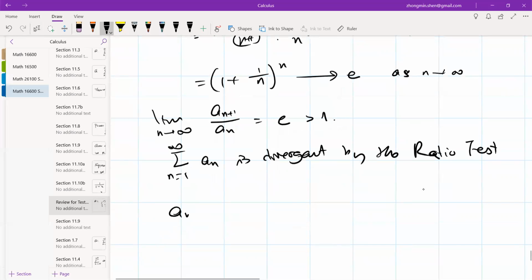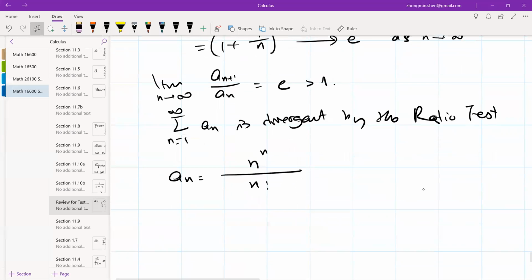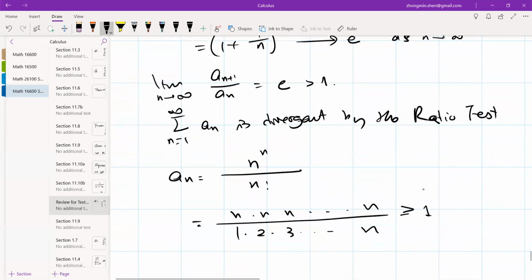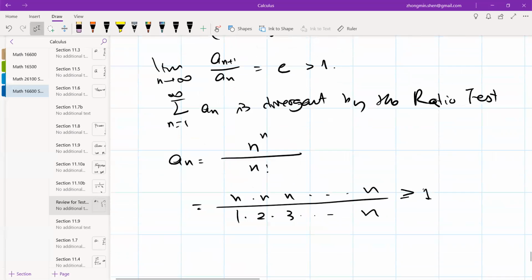Let's go back to this again. It's n to the nth power over n factorial. I think we just need to prove this is not going to 0 in the limit, right? So clearly, it's n times n all the way, over 1 times 2 times 3 all the way to n. Clearly, this is going to be greater than 1. That's a much easier way to do it. The problems have multiple solutions, but some are easier.